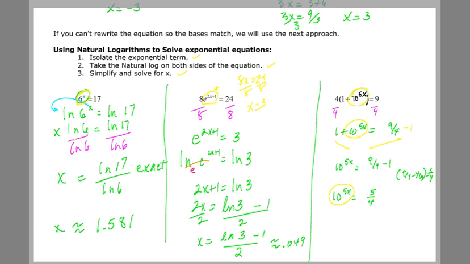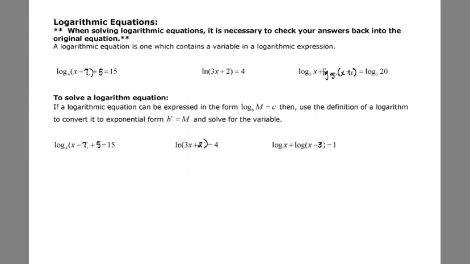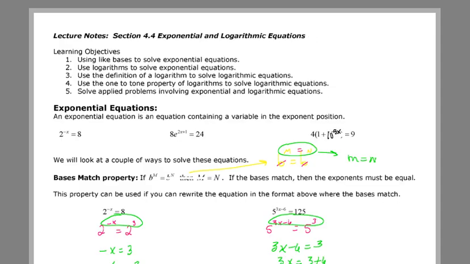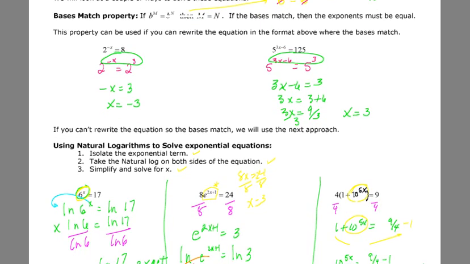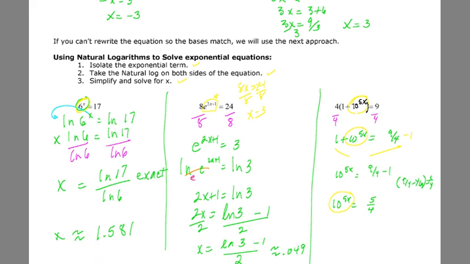Now notice I've been choosing ln, and this ln worked beautifully over here because the bases matched. How about for this one, instead of an ln, let's take log base 10 of both sides. Since the base is 10, log base 10 is just going to help us that much more.